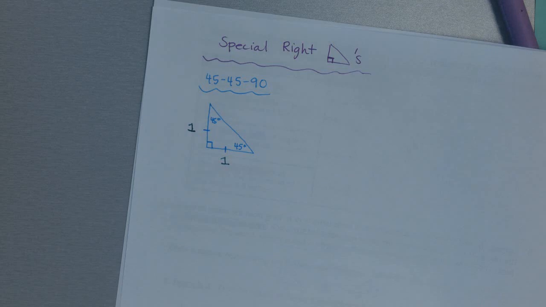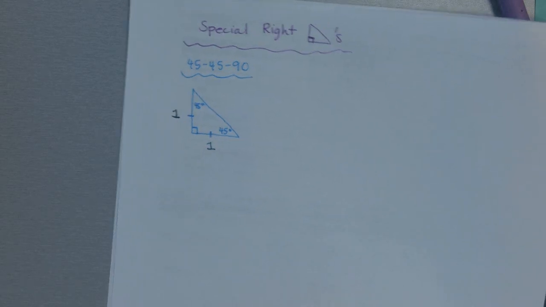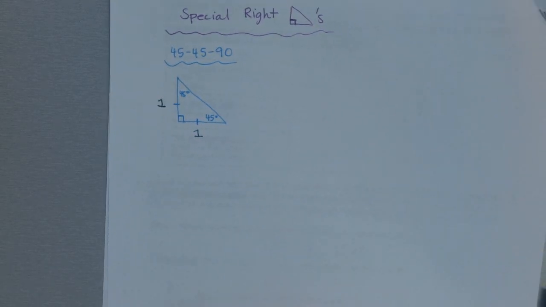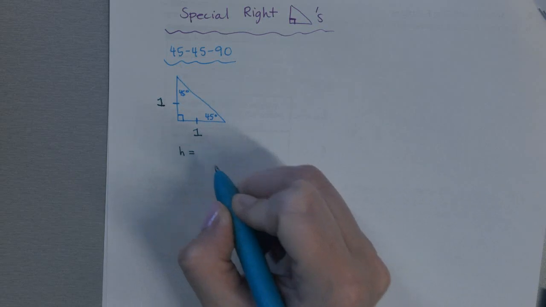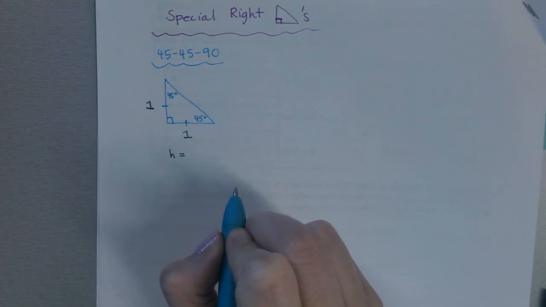Okay, now, do you guys remember what the rule was that you talked about with the 45, 45, 90? It was the hypotenuse was equal to something. Do you guys know what it had to do with? It had to do with the square root of 2.